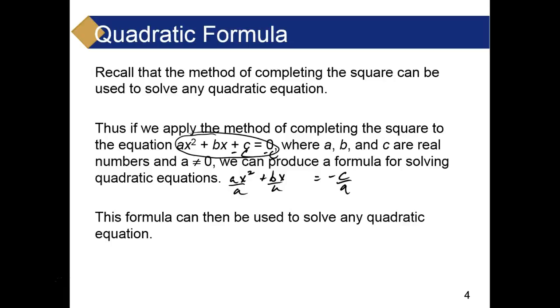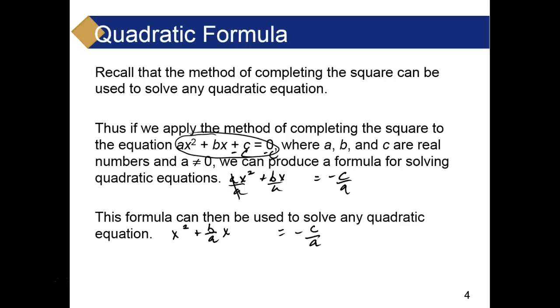All right, what does this produce for us? x squared plus b over a times x is equal to minus c over a. Don't you love using letters rather than numbers? They're so much fun, okay?